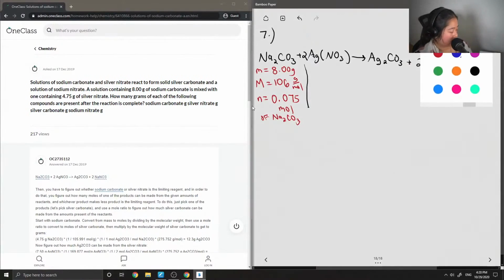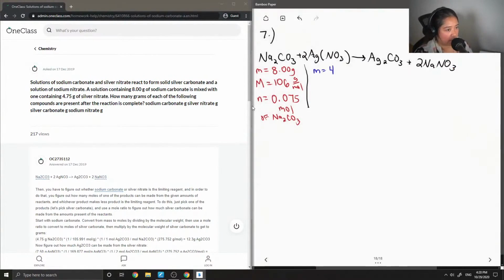Then we're going to do the same thing for the silver nitrate. It started off with 4.75 grams. Its molar mass is 170 grams per mole. So its number of moles will be calculated to be 0.0279 moles.